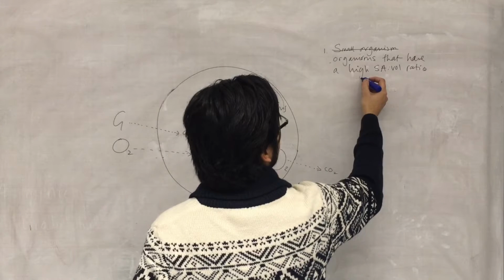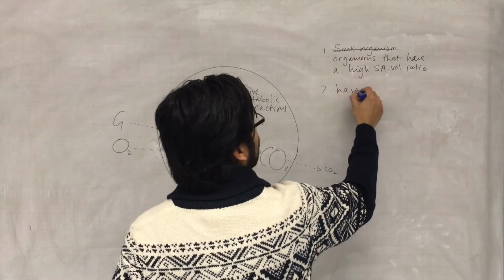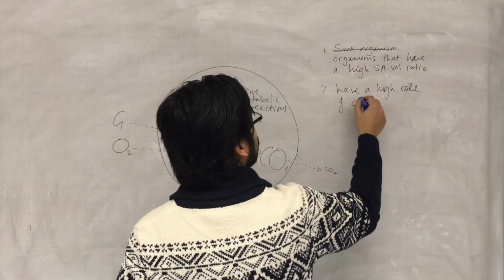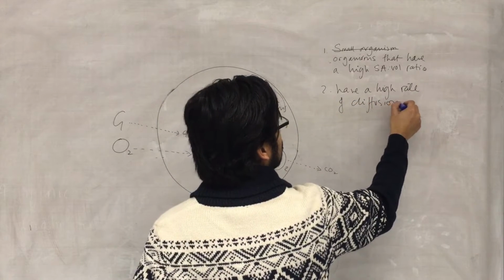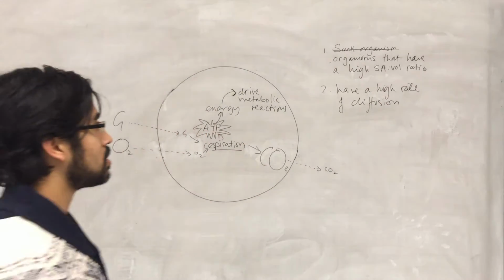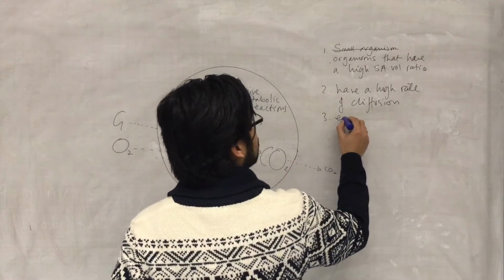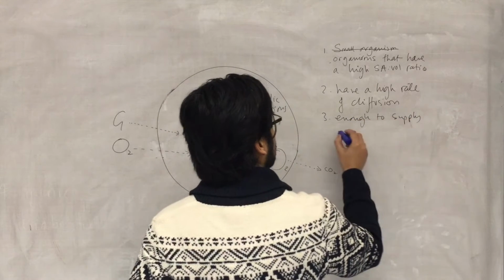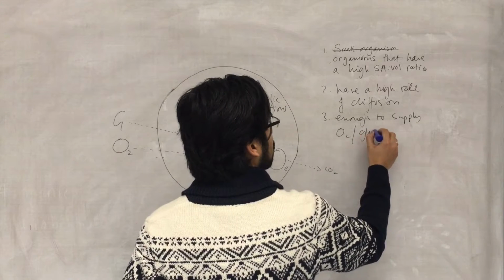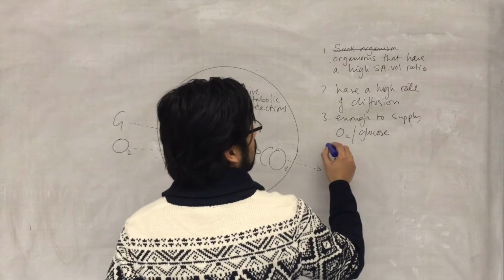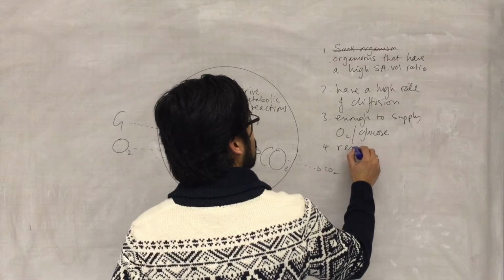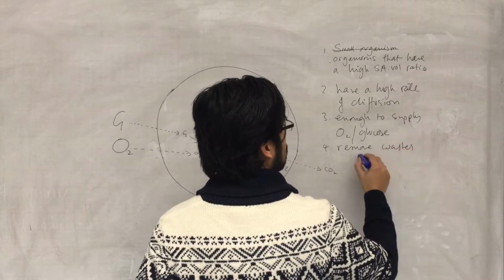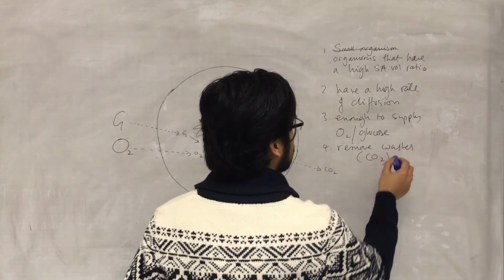Organisms that have a high surface area to volume ratio have a high rate of diffusion, and this is enough to supply oxygen and glucose and remove waste, for example, carbon dioxide.